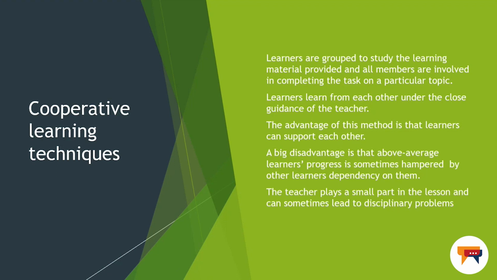The teacher plays a small part in the lesson and this can sometimes lead to disciplinary problems. So you as a teacher, you must walk around amongst the groups as they work and see that learners are behaving themselves and contributing to their group in a good manner.